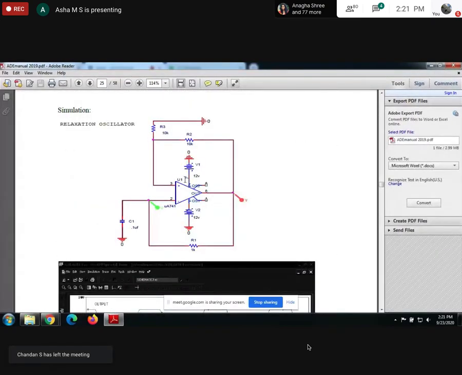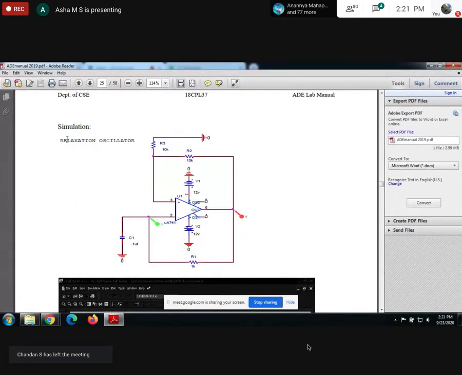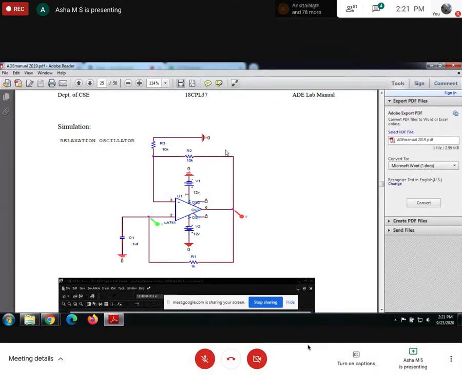So this is the circuit of the relaxation oscillator for software. Okay, copy down the circuit, all of you.